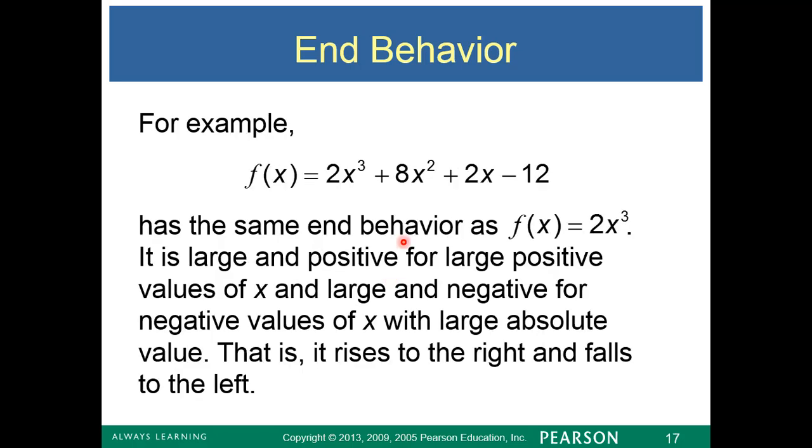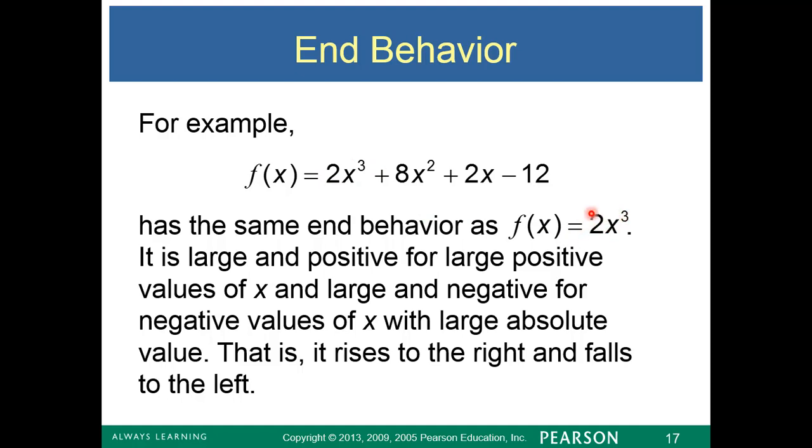So if we look at this polynomial function, we know that it's going to behave like a cubic function. This is going to behave very much like x cubed. As x gets really big, these three terms become negligible as far as end behavior. So this is going to have the same end behavior as x cubed.